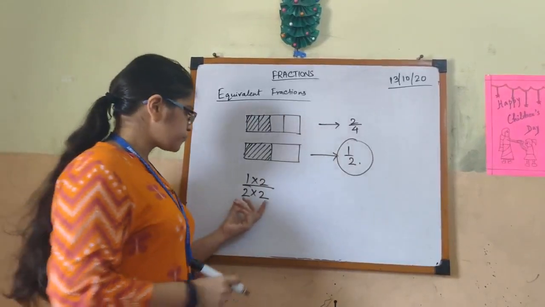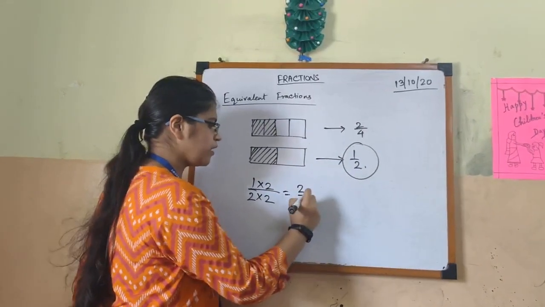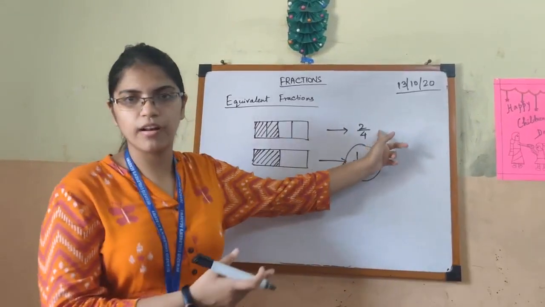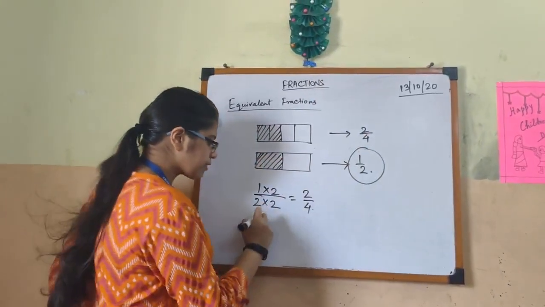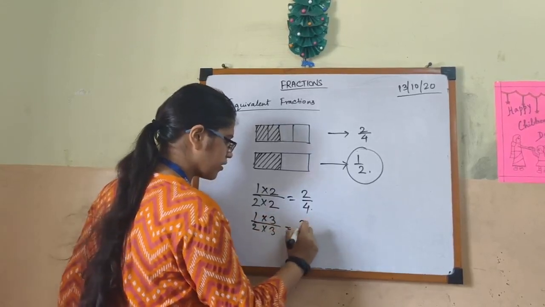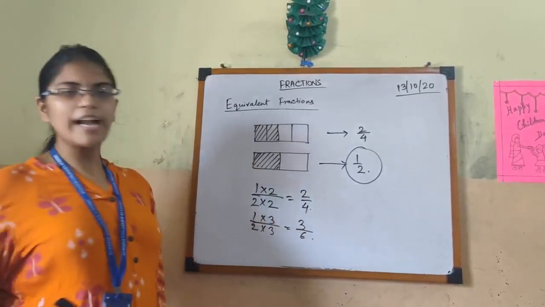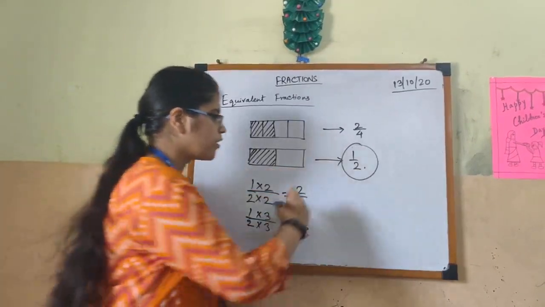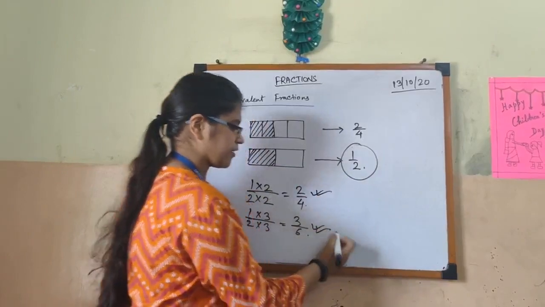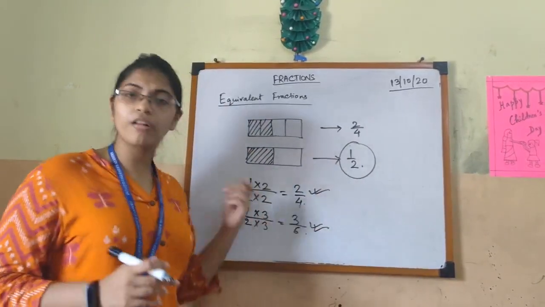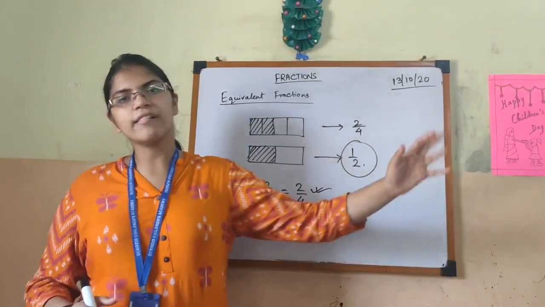So our fraction becomes 2 by 4, exactly the fraction from the previous example. Now if I multiply 1 by 2 with 3, we get 3 by 6. So the two equivalent fractions of 1 by 2 are 2 by 4 and 3 by 6. You can find more equivalent fractions by multiplying with 4, then 5, then 6 and so on.